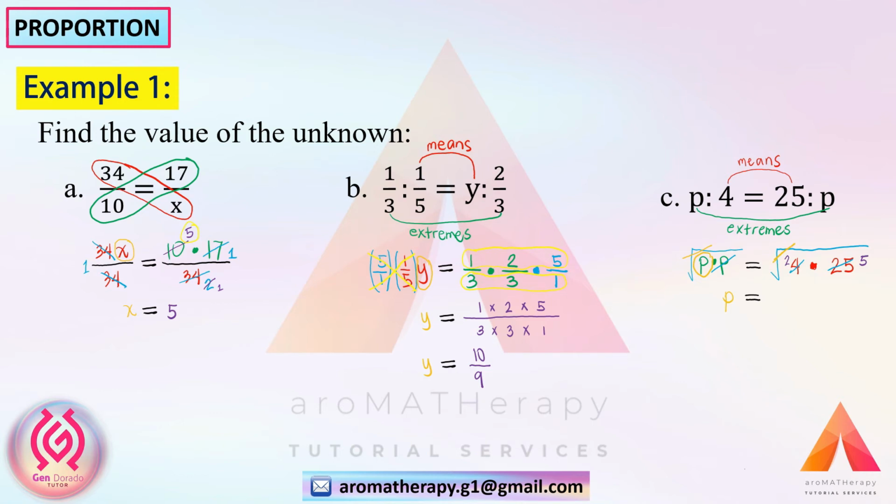We now have 2 and 5. Multiplying 2 and 5, we get 2 times 5. So this means p is equal to 10. So this is how we solve for the value of the unknown.